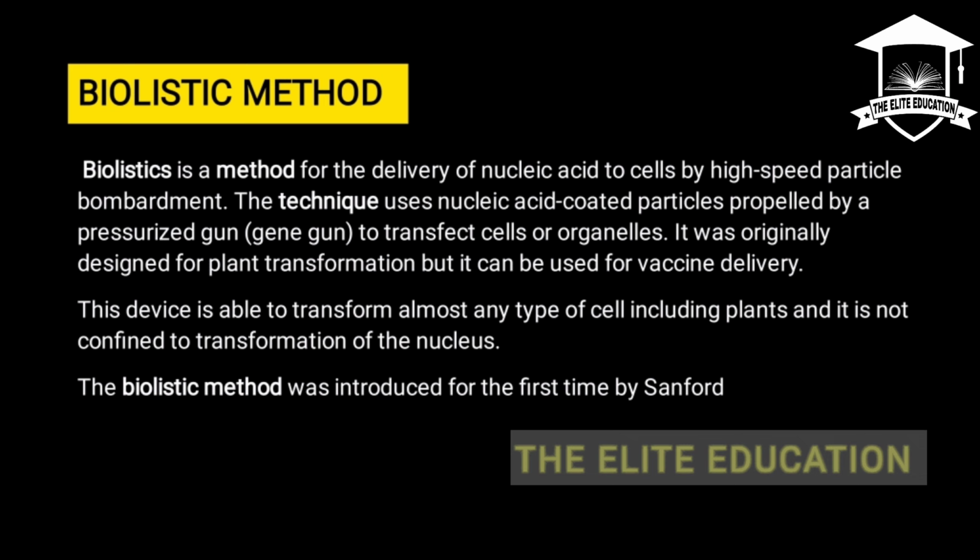This technique uses nucleic acid coated particles propelled by a pressurized gun, which is called a gene gun, to transfect cells or organelles. It was originally designed for plant transformation, but it can also be used for vaccine delivery. If you observe all these three techniques, even at the beginning we mentioned that these were usually used for plants.